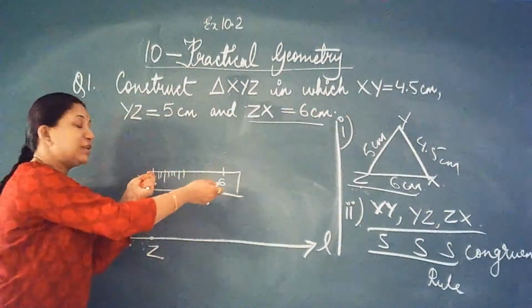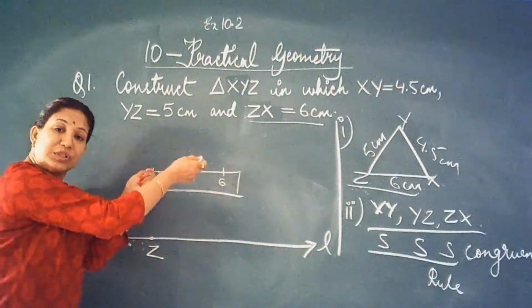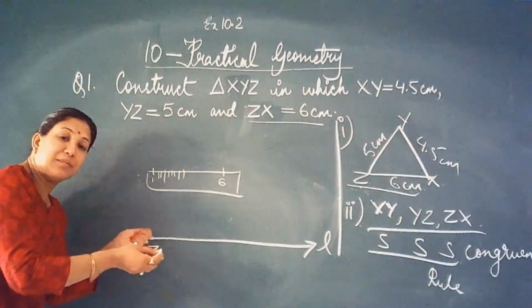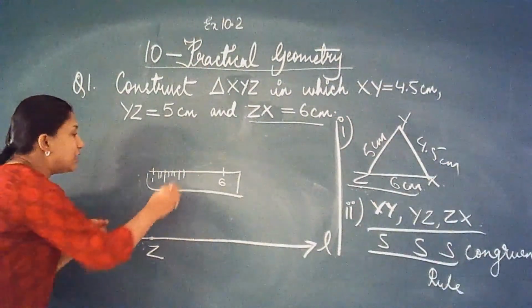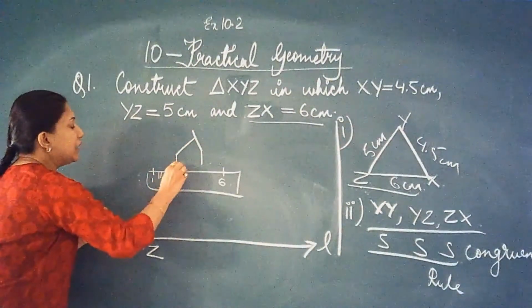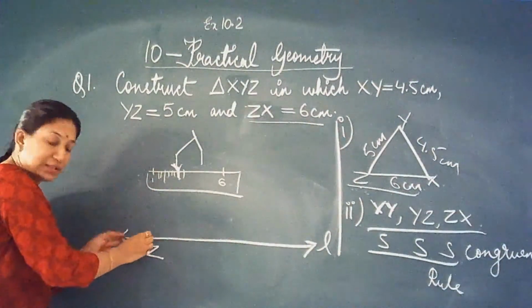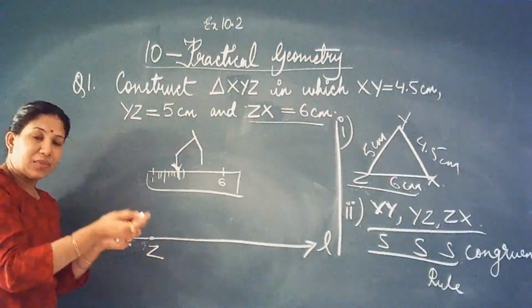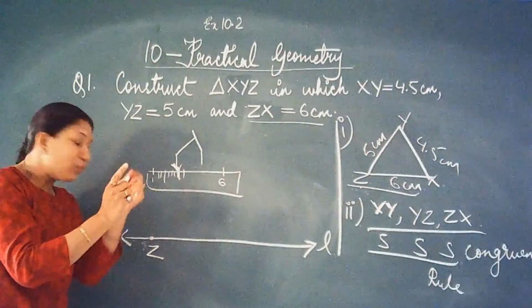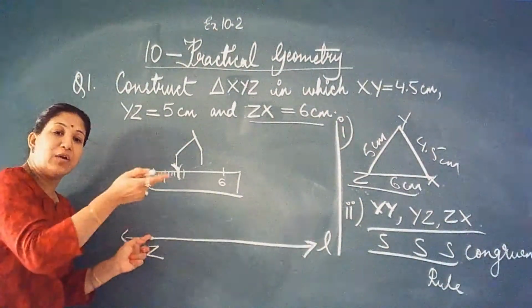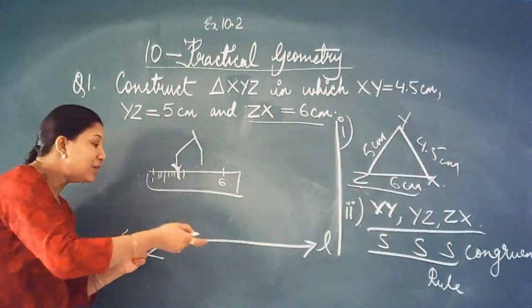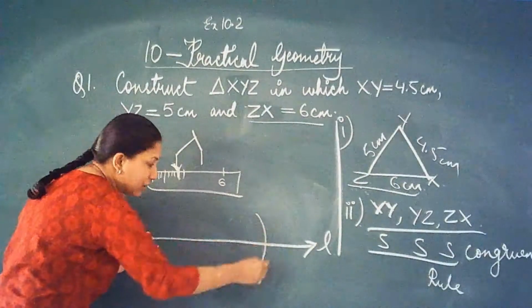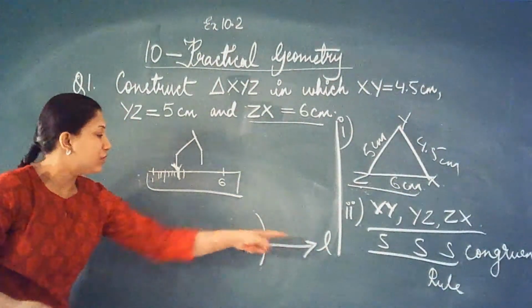After measuring 6 centimeters, without changing the measurement, place the needle of the compass at point Z. You have a compass with two arms. On one side you will see the pointed needle and on the other side you are attaching the pencil. That pencil part you place here and draw an arc. The arc will cut the line L.